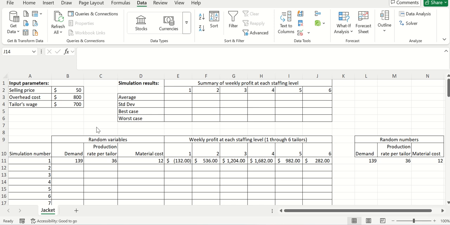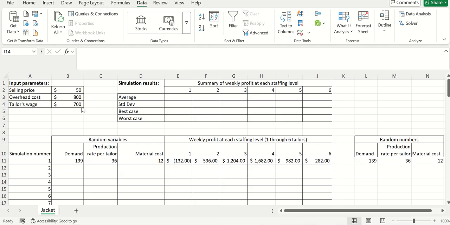So I've gone in here right now. I need you to open up the file that's called jacket XLS. You will need to put in the values for the selling price of the jackets, overhead cost, and the tailor's wages in there.